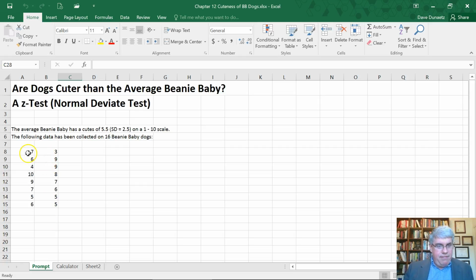And so here we have the 16 data points, and we can see that there's a range of scores. Looks like 3's the lowest and 10's the highest. And since we know the population mean and standard deviation, we can use the sample data to get an average and then use the standard deviate test, or the z-test, to see if it's significantly different than the population average.